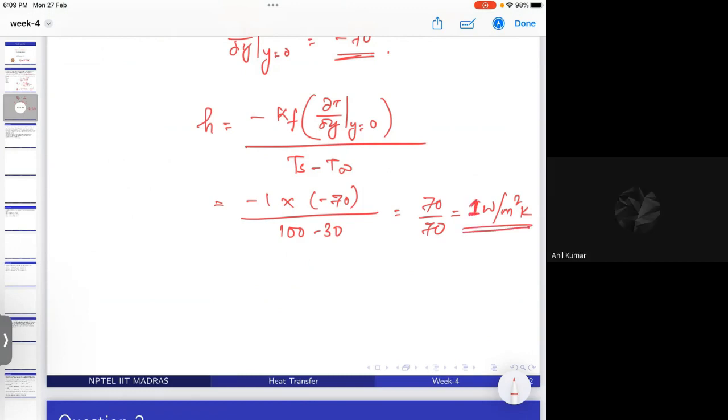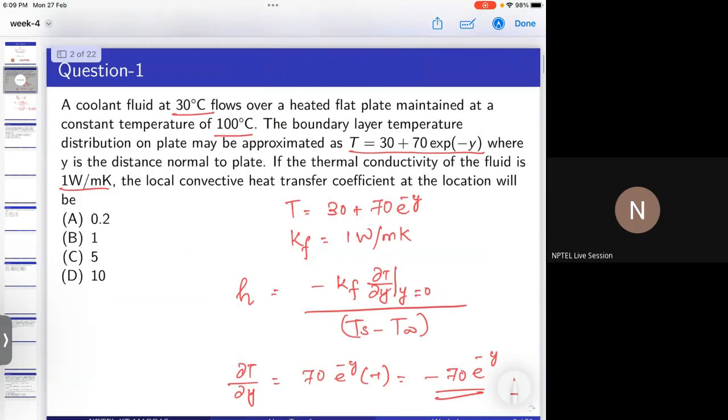Sir, isn't it the overall convection coefficient? No, actually this can be the temperature distribution at a particular location. It may not be true that this is the temperature distribution all along the boundary layer.